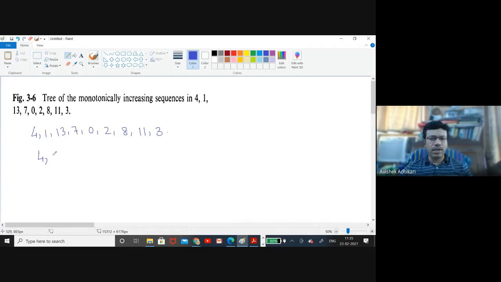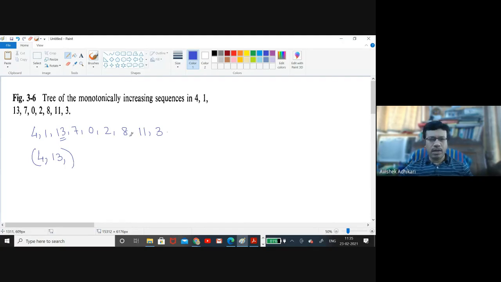So it has to take 13, and if it takes 13, then you cannot take anything else, because there is no number strictly greater than 13 in this sequence. Okay, so this is a monotonically increasing subsequence of this sequence.